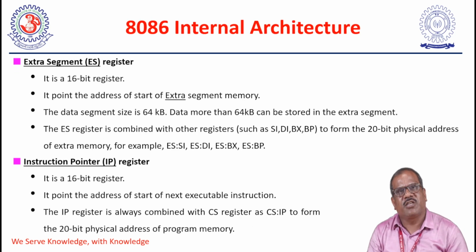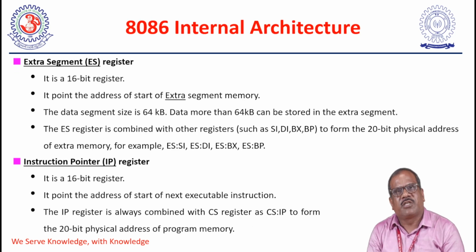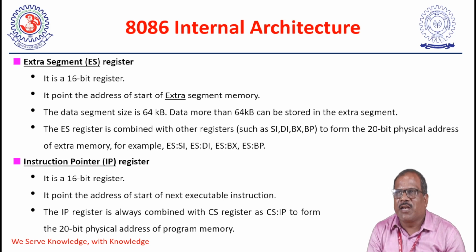Then the extra segment is also a 16-bit register that points to the address of the start of the extra segment. The data segment is 64 KB. When more than 64 KB is required, the extra segment is also used for data storage.